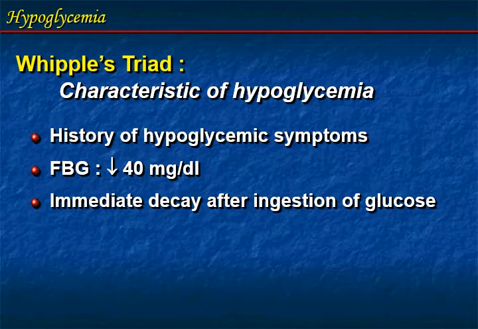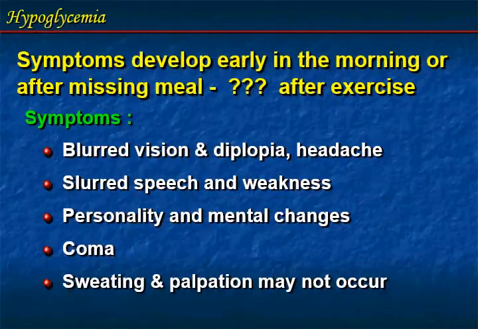Here we say that in insulinoma, the fasting blood glucose is below 40. And immediate improvement after intake of glucose, not honey and not chocolate. So Whipple's triad is the characteristic of fasting hypoglycemia or insulinoma: history of hypoglycemic symptoms, fasting blood glucose below 40, and immediate improvement after intake of glucose.